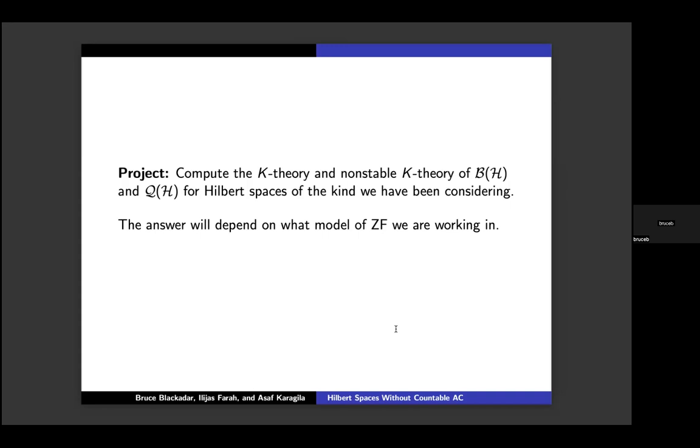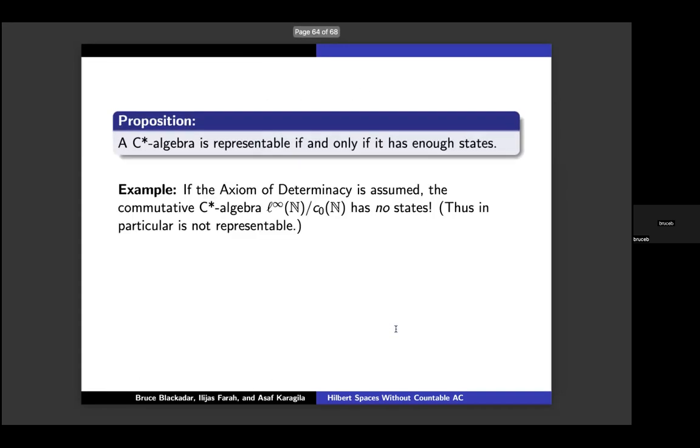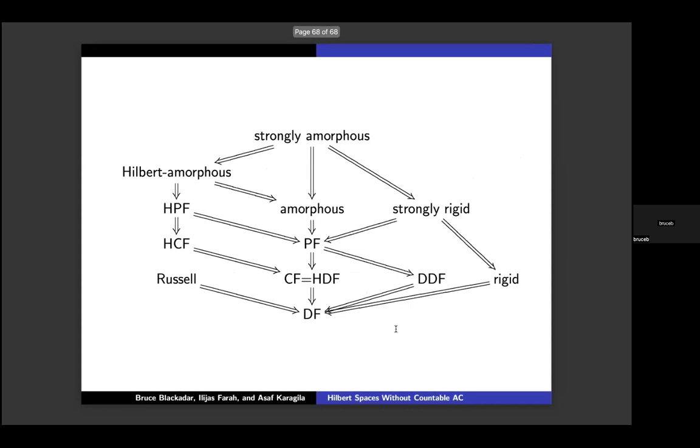We also have some results about C-star algebras, and those are going to go into another paper. But I think I'm out of time, so I'm going to stop here, and I'll just put up a little table here that shows the implications between the different kinds of DF-ness that we've been considering.